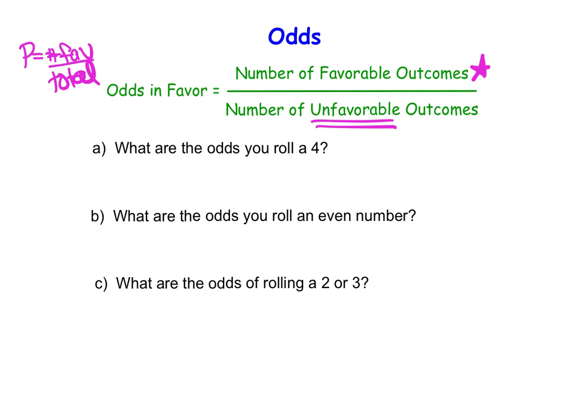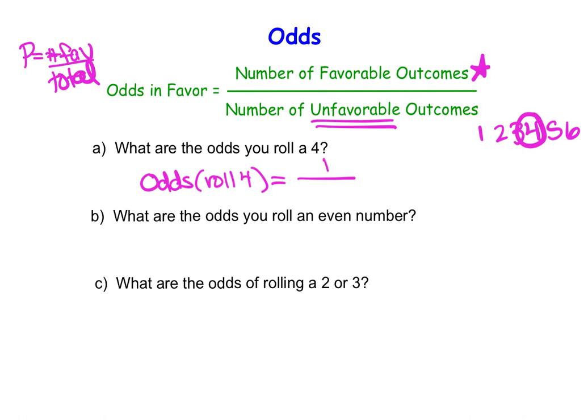So let's figure out the odds that we roll a 4. So again, when I'm rolling a dice, it's going to be 1, 2, 3, 4, 5, and 6. I have 6 possible outcomes here. The number of favorable outcomes, if I'm going to roll a 4, is 1. It's just the 4.